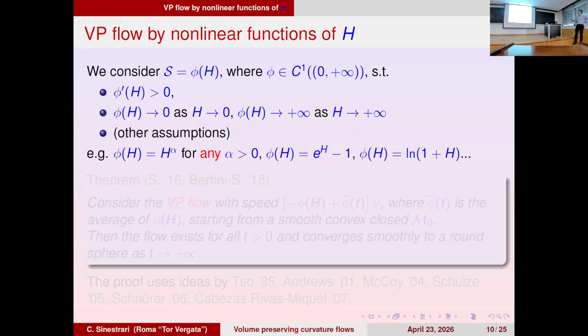What's necessary is having some monotone function of H with a strictly positive curvature, going to 0 as the curvature goes to 0, going to infinity as the curvature goes to infinity. There are other technical assumptions I'm not writing here, but they are satisfied in most of the examples you may think of. So the powers, but they're not connected with growth. They are also satisfied for some exponential growth or for some logarithmic growth.